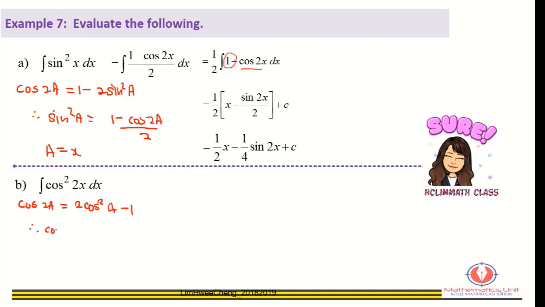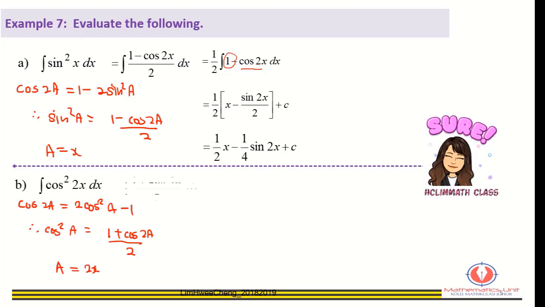Therefore, my cos square a will be 1 plus cos 2a over 2. Now let me substitute the angle a with 2x here.